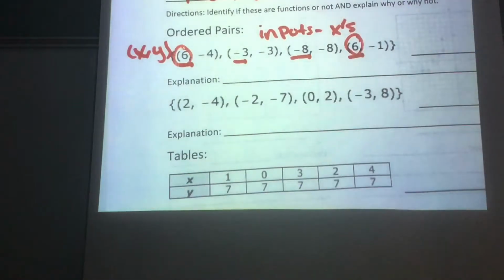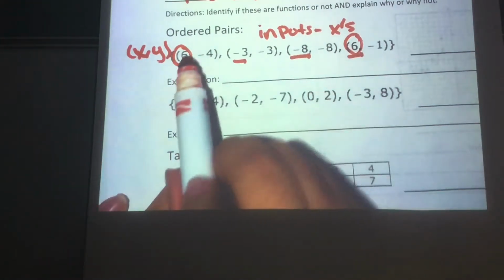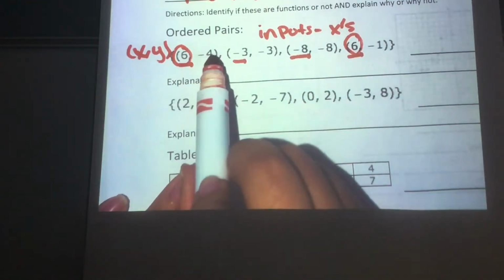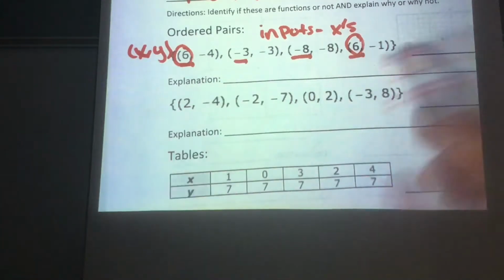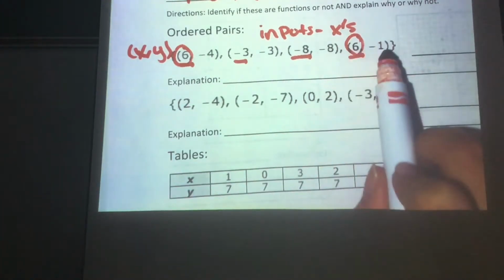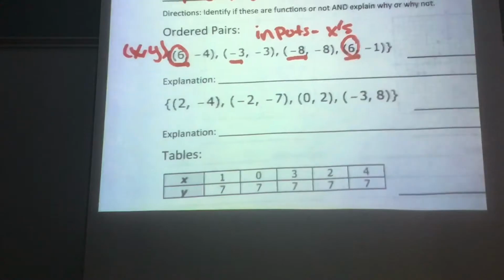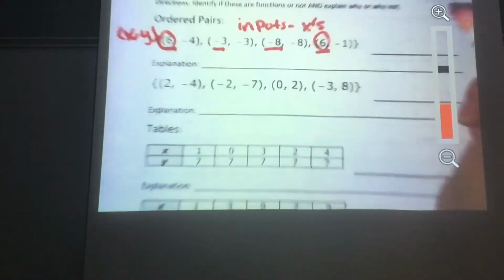These two repeat, so that means that I need to check to see, are these x's giving me two different outputs or two different y's? So here, my input of 6 gives me the output of -4, okay? And then over here, 6 also gives me the output of -1. So this would not be a function.